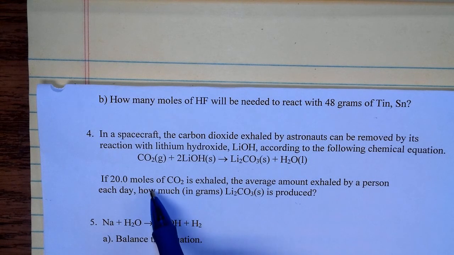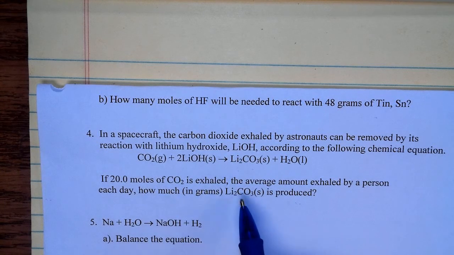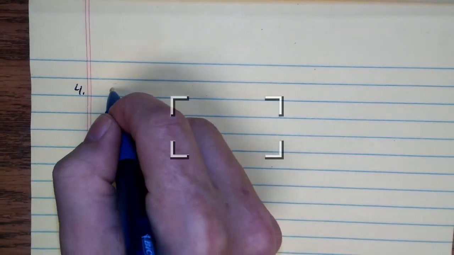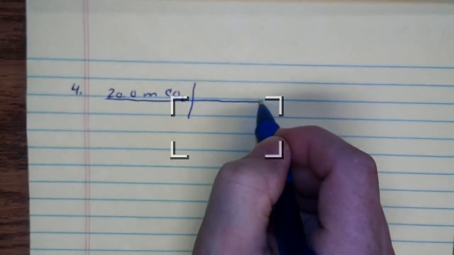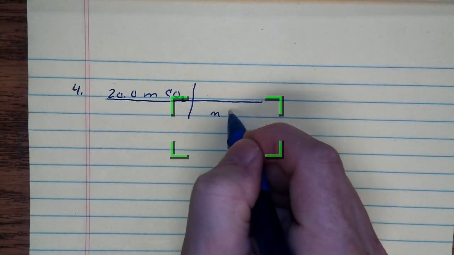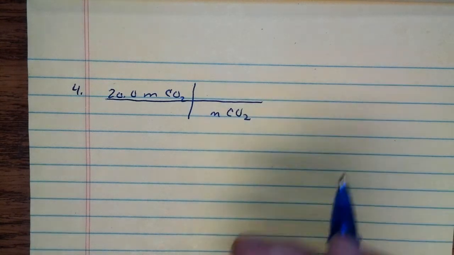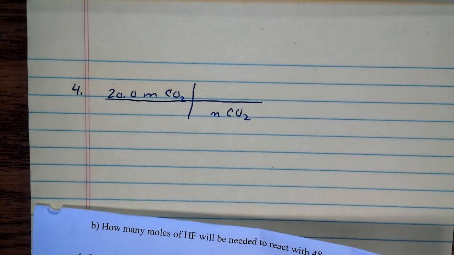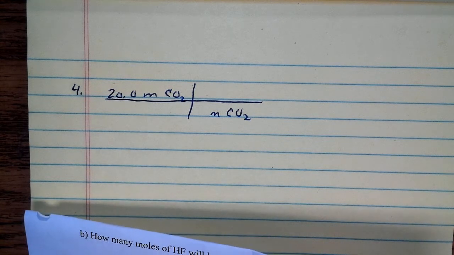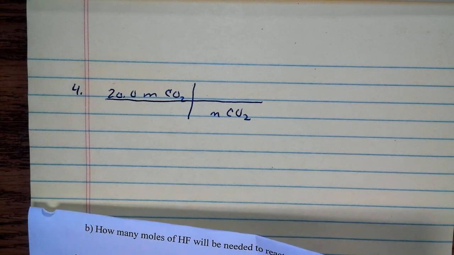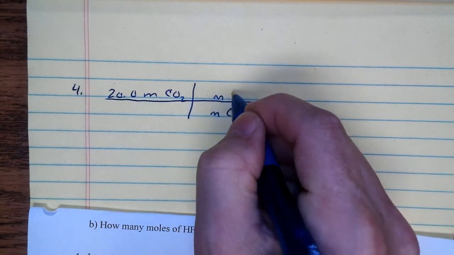So we've got moles A, we're going to go to moles B, then mass B. We're going to start with 20.0 moles of CO2, moles A, and we're going to compare that to moles of Li2CO3.